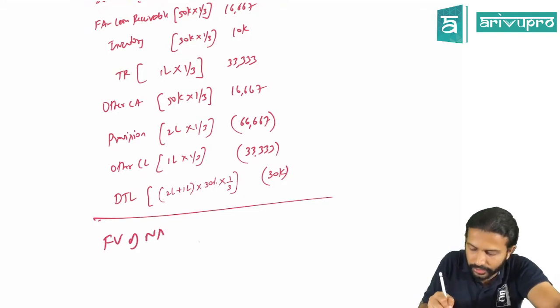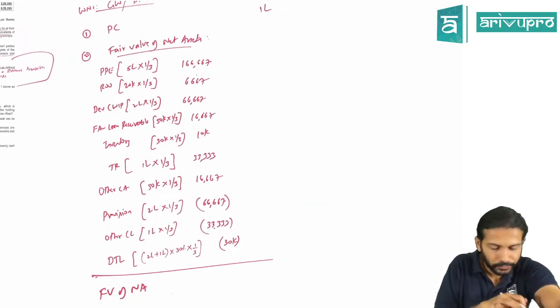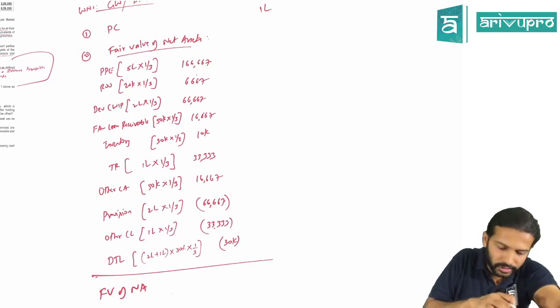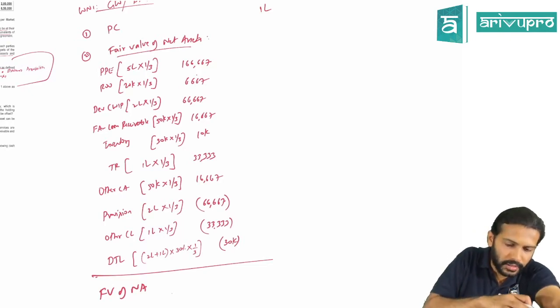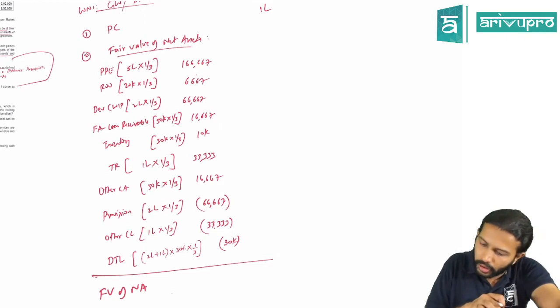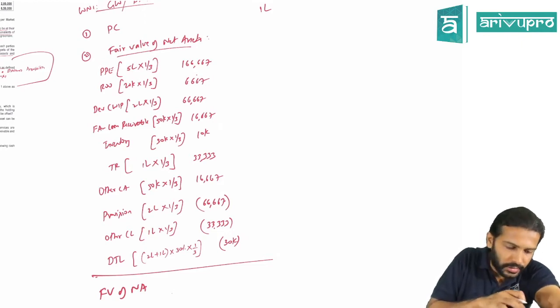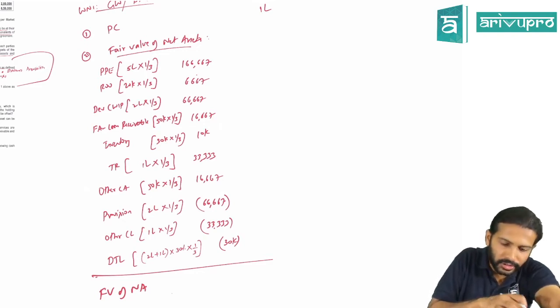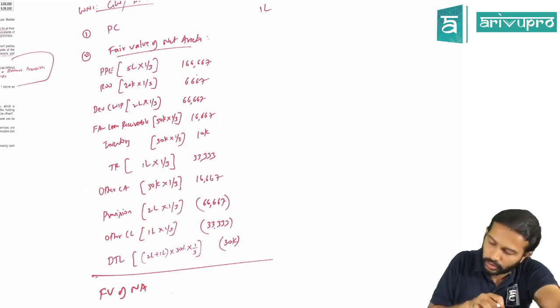So if you do this, you're going to get the fair value of net assets. That will be 16,667 plus 6,667 plus 6,667 plus 16,667 plus 10,000 plus 33,333 plus 16,667 minus 66,667, minus 33,333, minus 30,000.